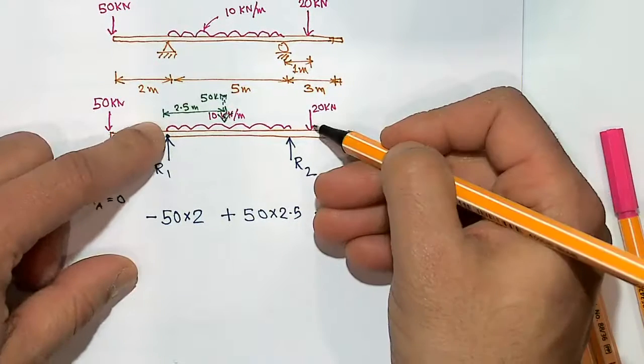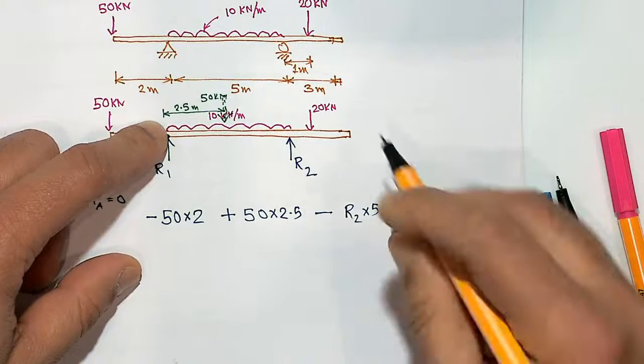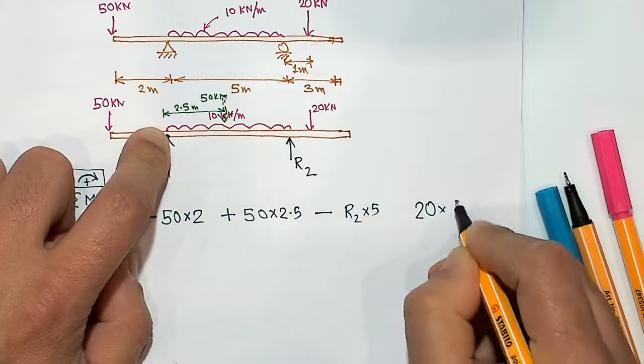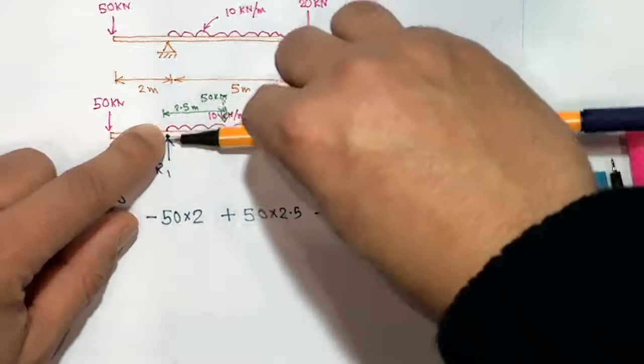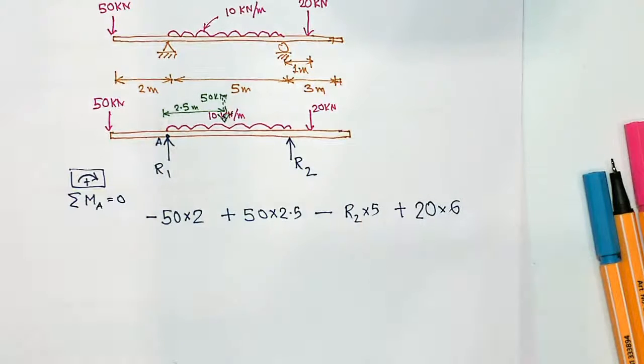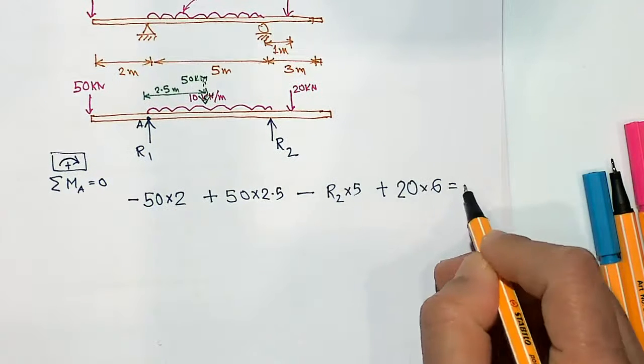And finally the 20 kilonewton load: the moment is 20 times the distance, 5 plus 1, so 6 meter, and it is creating a clockwise moment, so that is a plus. There is no other force, so that equals 0.